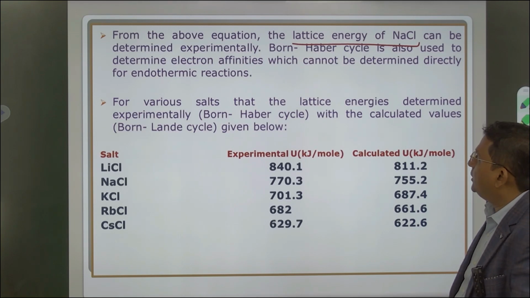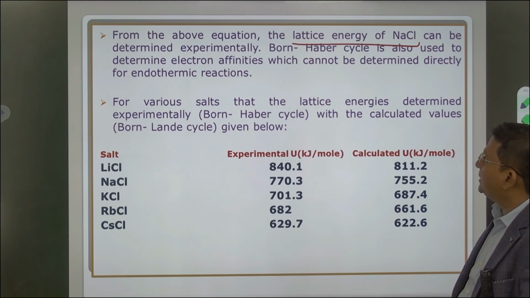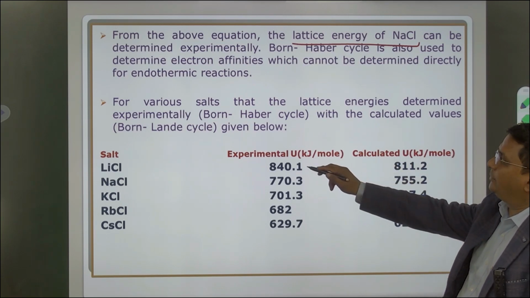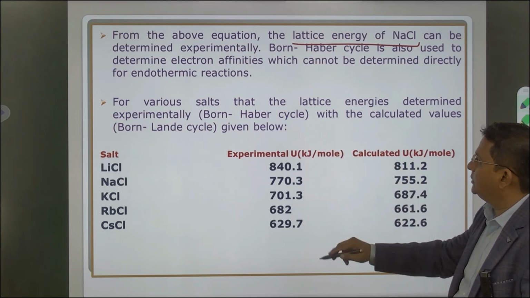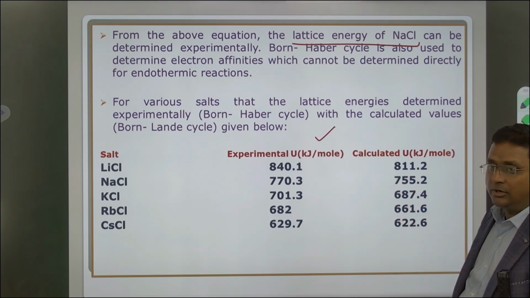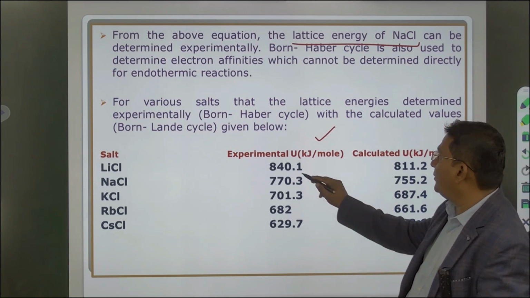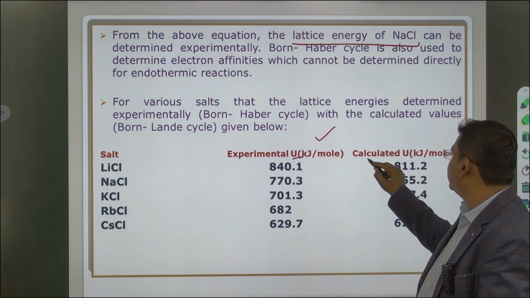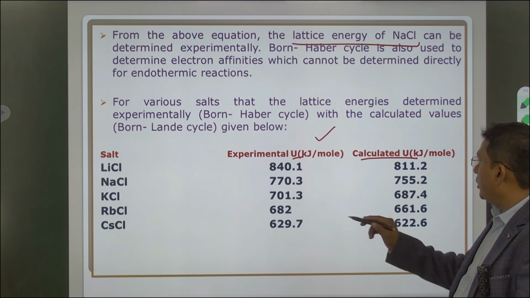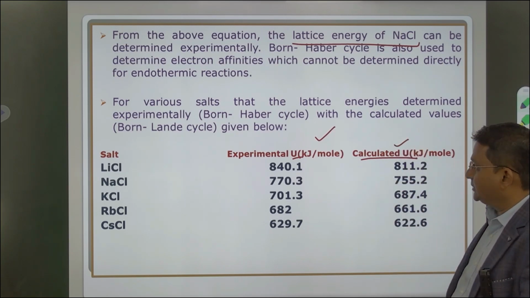For various salts, the lattice energy determined experimentally is compared with the value calculated by the Born-Haber cycle, given below. This is the experimental data and this is the calculated data of the lattice energy of the salts.